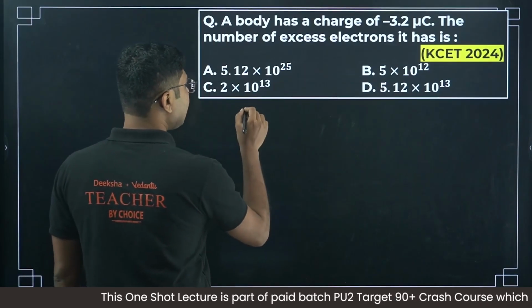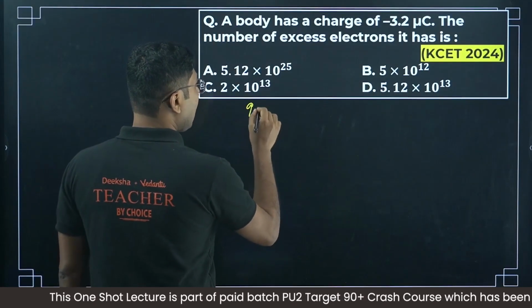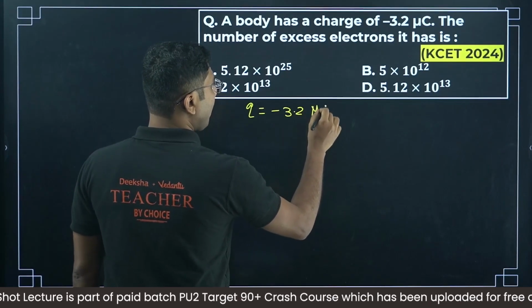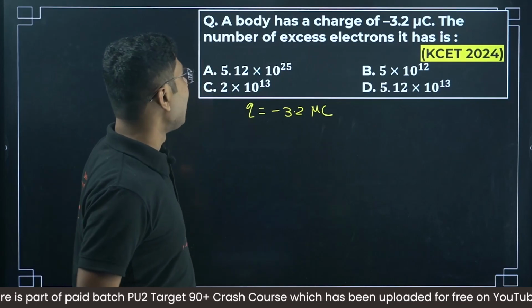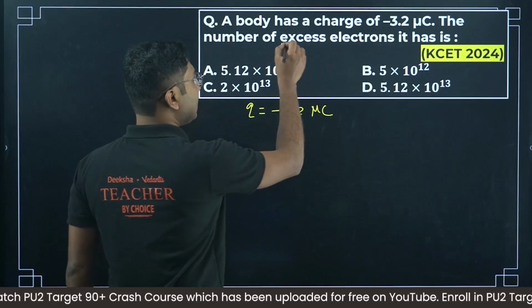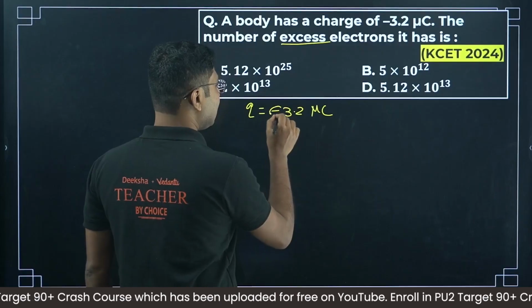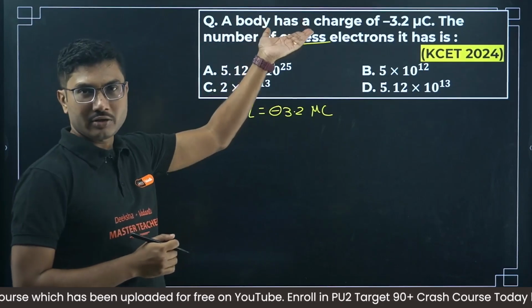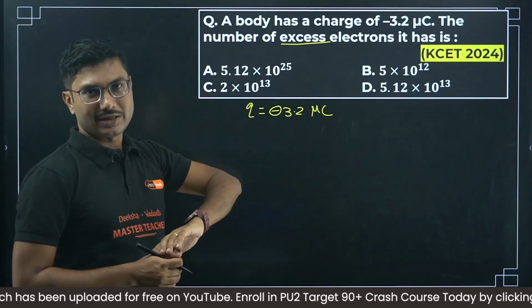So the total charge is given here, minus 3.2 microcoulomb. Now the question says the number of excess electrons it has. If you consider this term excess, that basically means that the sign of the charge is negative. So negative means extra electrons, positive means fewer electrons, right?